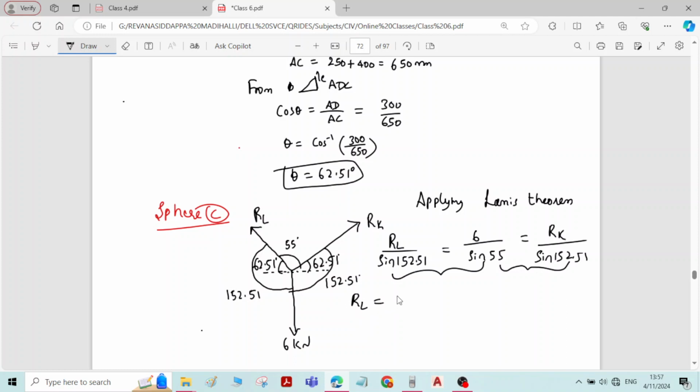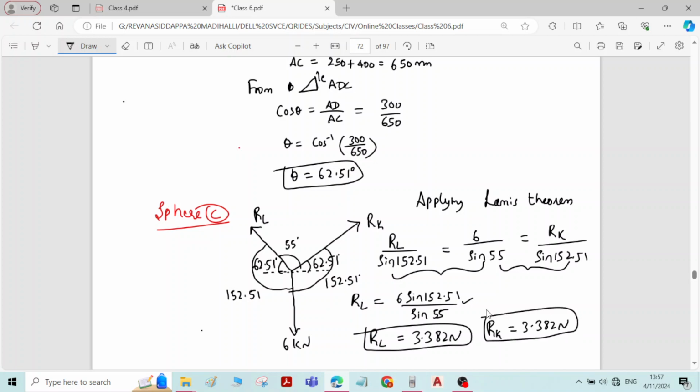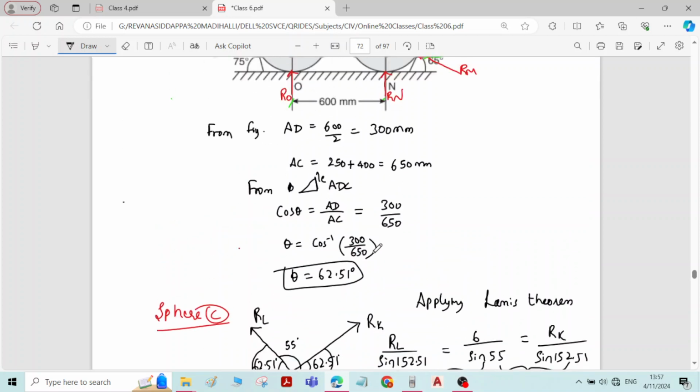RL is equal to 6 sine 152.51 divided by sine 55. By this you will get reaction at L, that is 3.382 kilonewton. From second and third equation RK is equal to 6 sine 152.5 divided by sine 55. Same equation, therefore you will get the same answer for RK. Therefore RK is equal to 3.382 kilonewton. Okay.